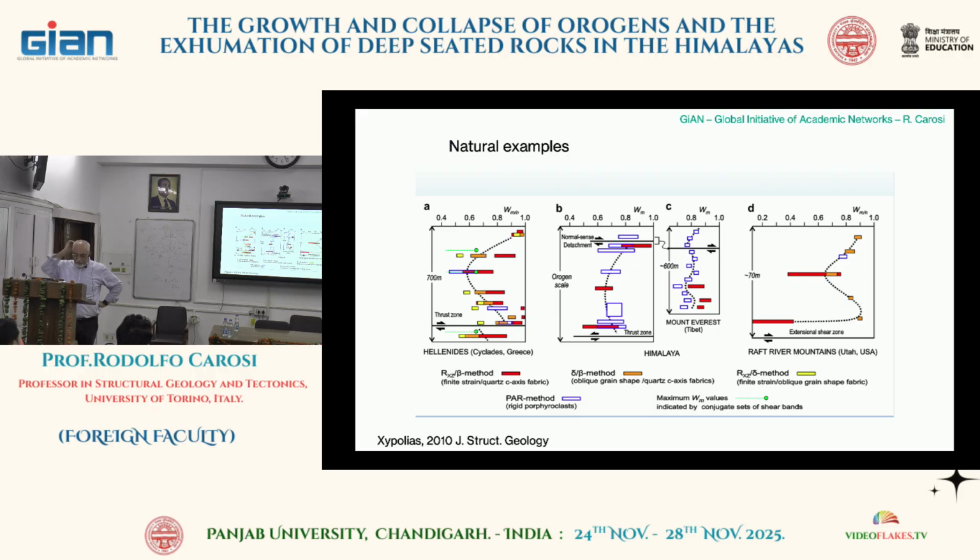Okay, just some natural examples from Greece. There is a paper by Xypolias, who worked on the strain I showed you two days ago, and he also calculated the vorticity approaching the thrust zone in a tectonic unit. In red, you have the axial ratio and beta method by quartz shear fabric axis.